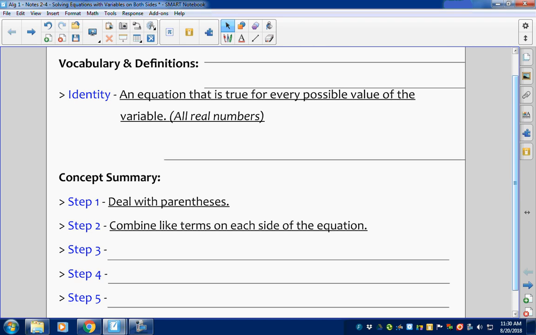Step 2 is combine like terms on each side of the equation. The reason I added the phrase on each side of the equation is because I don't want you to confuse this with doing inverse operations. So it's separately: combine like terms on the left side, combine like terms on the right side. You're not adding or subtracting from each side yet.